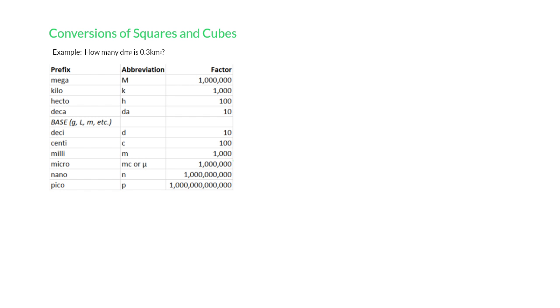Now we're going to look at the conversion of squares and cubes in the metric system. For example, how many decimeters squared is 0.3 kilometers squared? Now, for something radically different, I'm going to pull in my conversion chart. And the two that I'm concerned with are kilometers and decis.